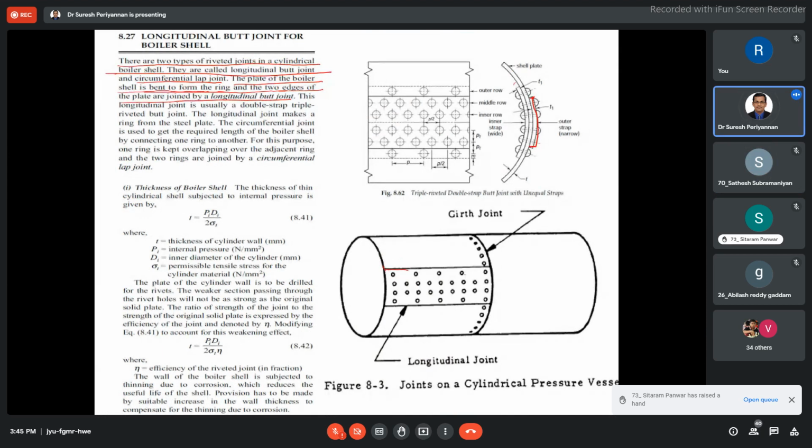Here we are saying shell plate, this is the main plate. The shell plate means the main plate. But here we are using an outer strap. This is the outer strap. This is the inner strap.